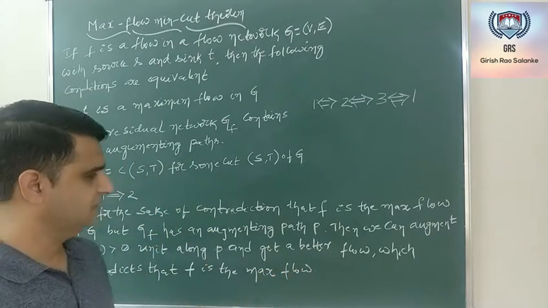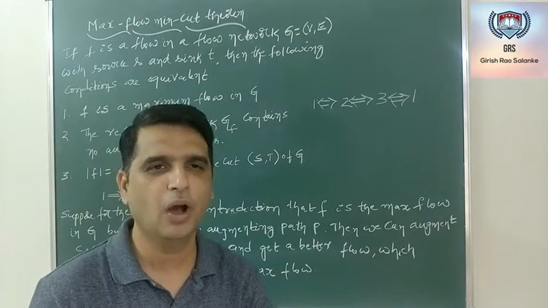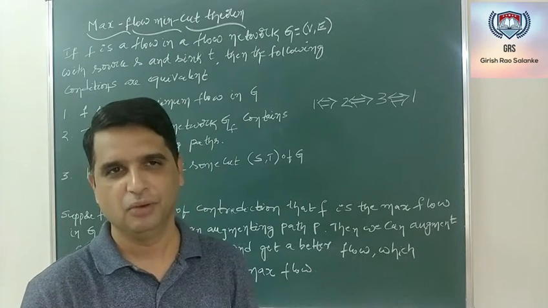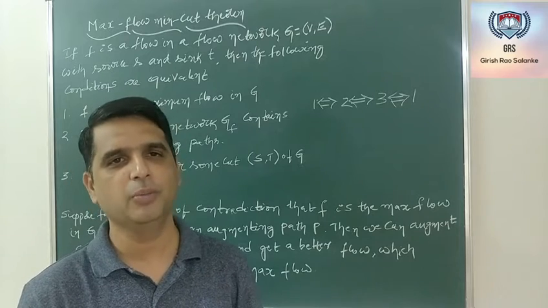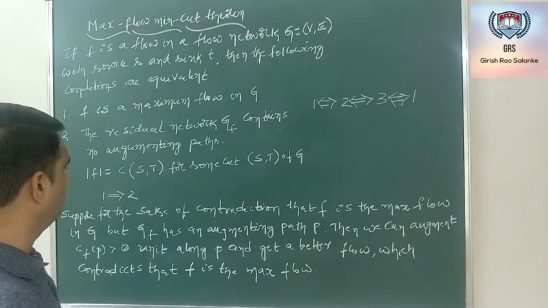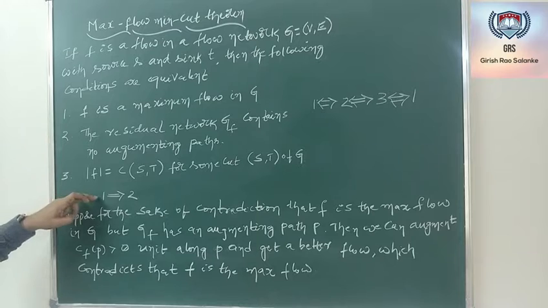The meaning of this is that if there is no augmenting path, I can't increase the flow. If I increase the flow, then it implies that there is an augmenting path. So this is the proof for 1 equivalent to 2.